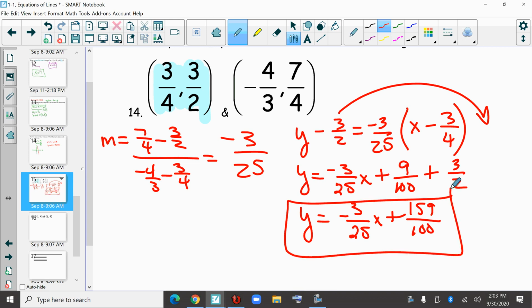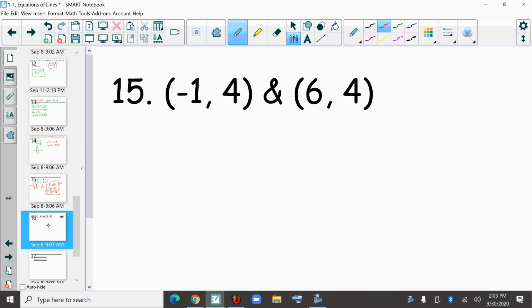The goal is to not freak out about the numbers because you guys have a calculator for that. So make sure you're doing the process right. Okay? So that brings me to the next set of instructions, which is going to be, nope, that's 15. I'm not going to do 15 for you.